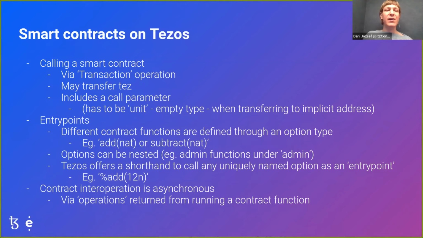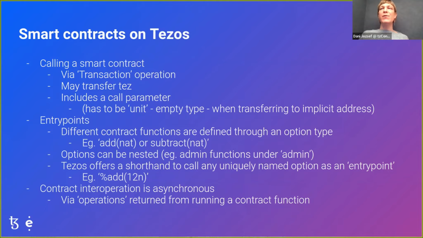When we're calling a smart contract on Tezos, we do that with the chain operation called transaction. This may transfer Tez, and this is the same operation that we use to transfer Tez between implicit accounts, that is wallet accounts. A transaction operation includes a call parameter.